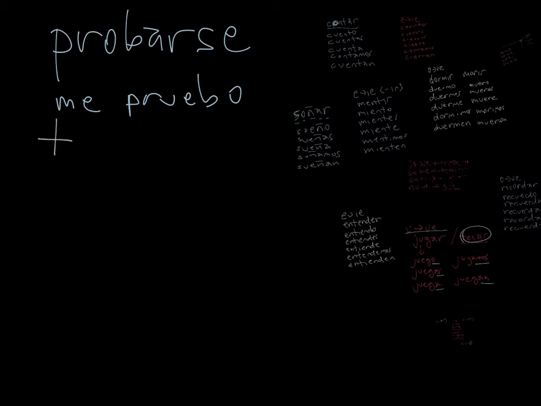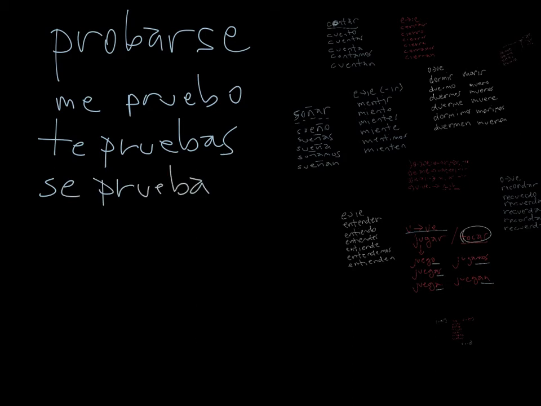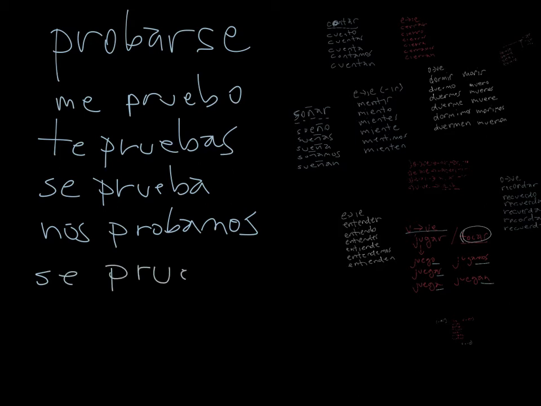You try clothes, tú te pruebas la ropa. He tries the clothes, él se prueba la ropa. We try clothes, nosotros nos probamos la ropa. Ustedes, ellos, ellas se prueban la ropa, right?